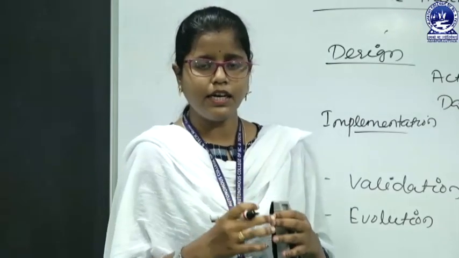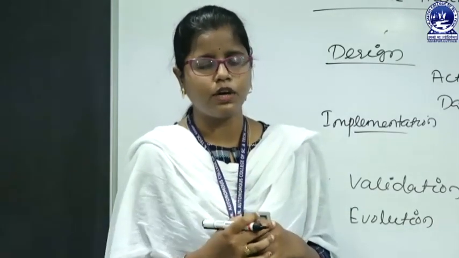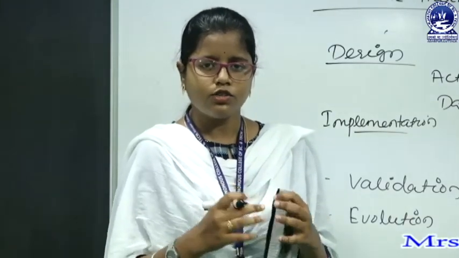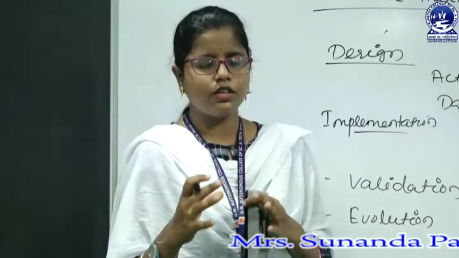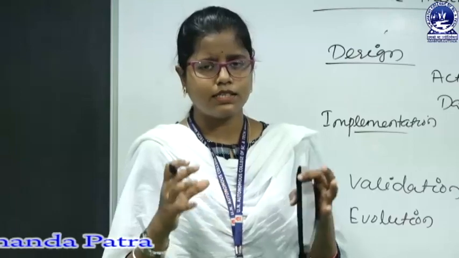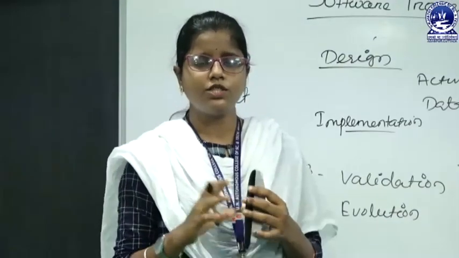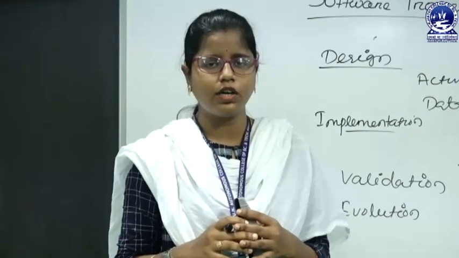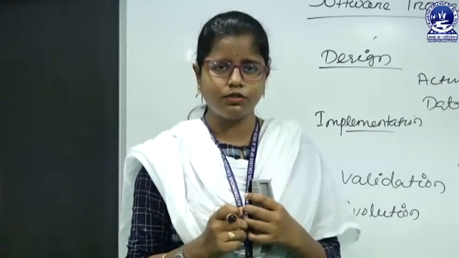That means we are developing a set of programs. You can call it programming or coding. At the end, we get a set of programs, that is, an executable file. Once we finish the implementation phase, that means once we finish our coding, we will get an executable file.